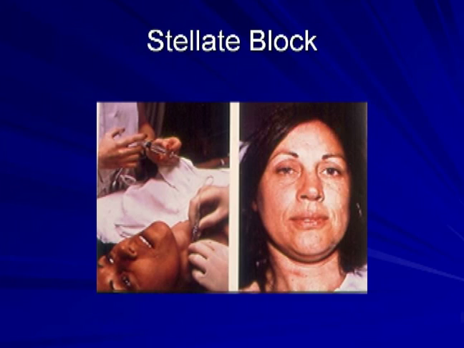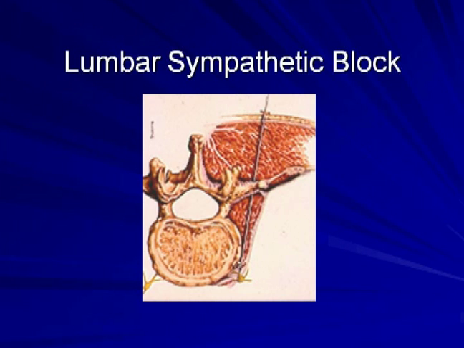Lumbar sympathetic block, and we'll close it up shortly. Here's a sympathetic ganglia in the lumbar region. Sympathetic ganglia is located in the anterolateral aspect of the vertebra. It's in a fascial plane that is away from your somatic nerves.